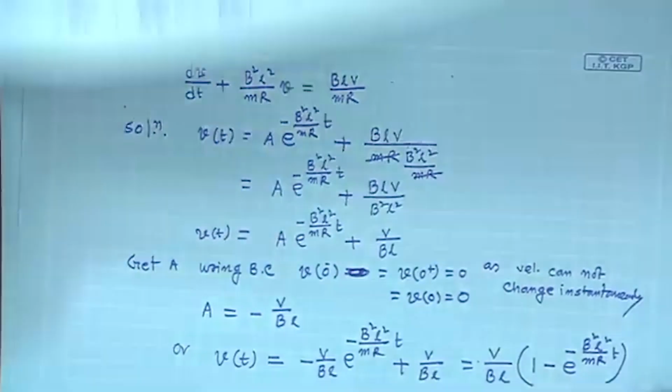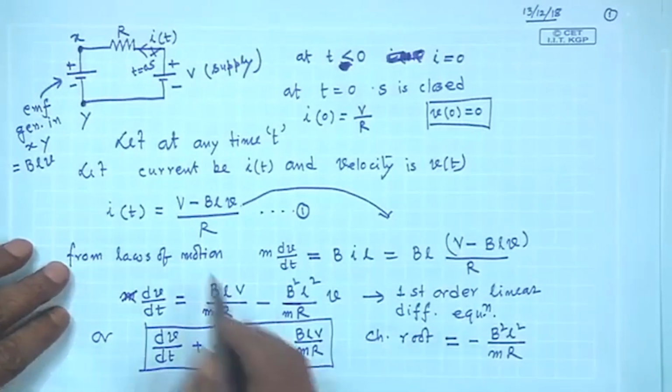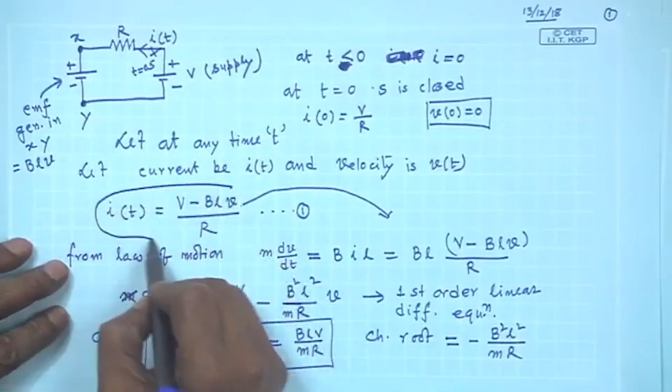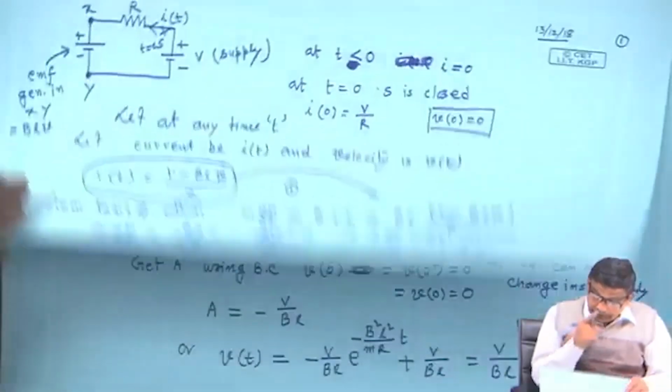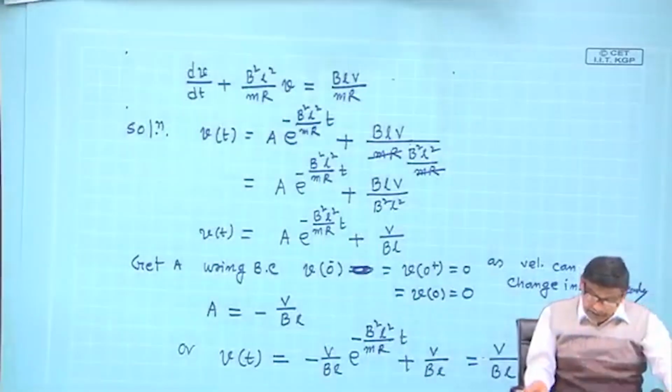Okay. Once I get the expression of the velocity, the expression of the current can be found out from this. I will put this expression in this equation. So, let us do that.